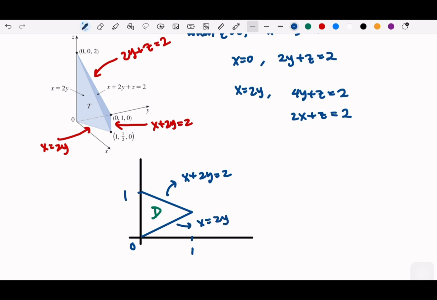And again, we can have 2 choices. We can use x equals something, or y equals a function of x. But let me use y. So this will be y equals half x, and this will be y equals 1 minus x over 2.